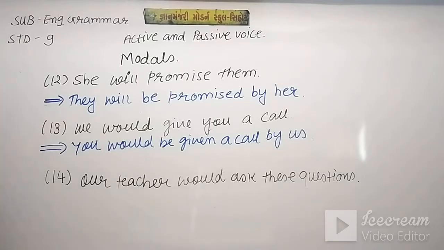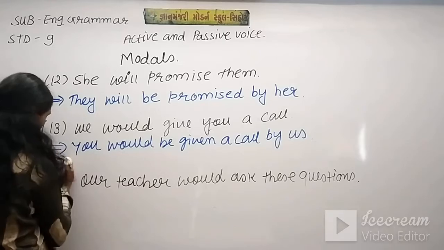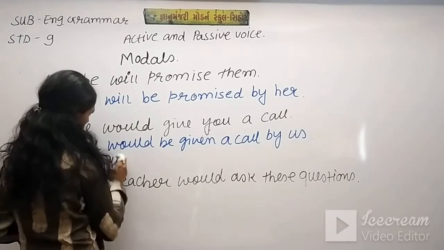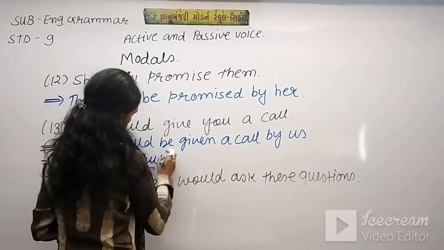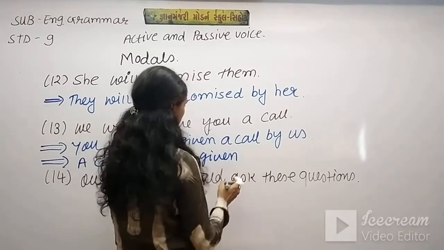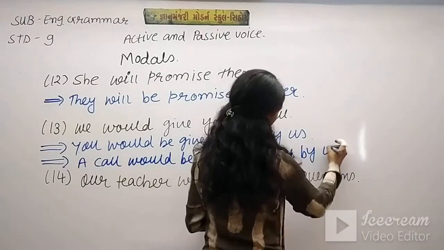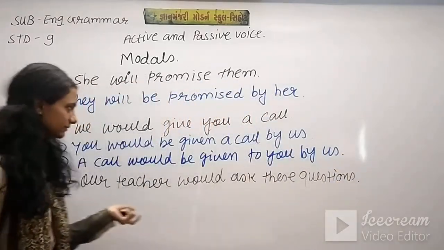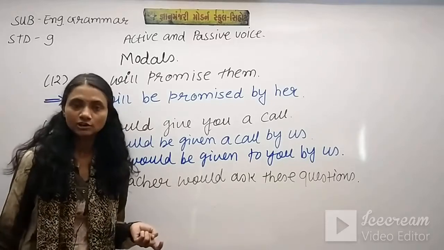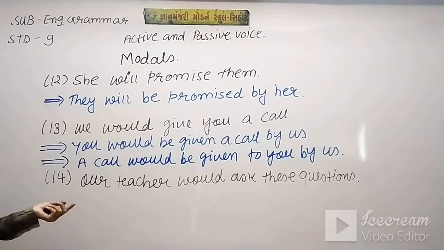And if we take a call as an object, so a call would be given to you by us. Okay, this way if we have two objects, so our answer could be two. Our teacher would ask these questions.